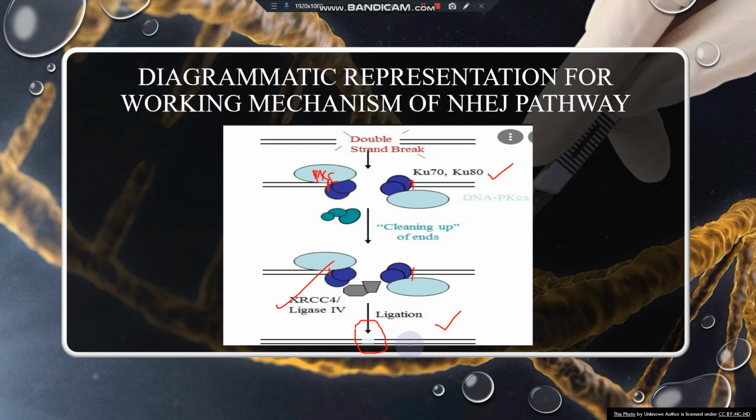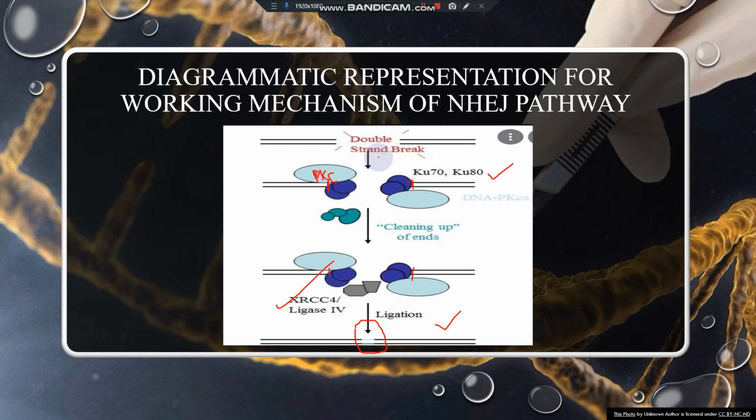This mechanism is an error-prone mechanism. In order to repair the double-stranded break DNA, it is a good thing, because leaving the DNA strand unrepaired would not be a good option.